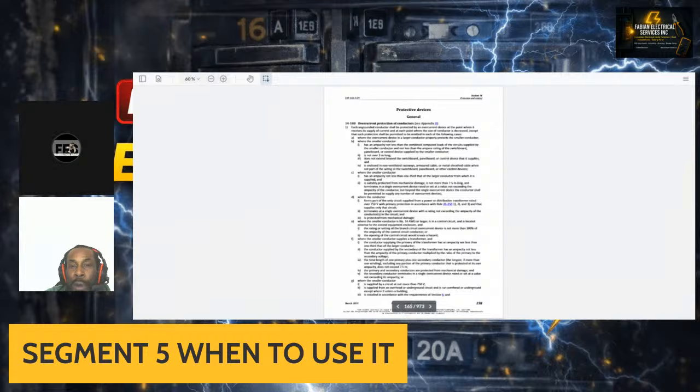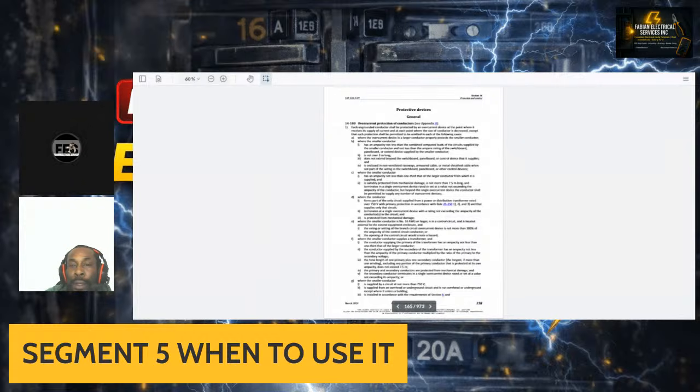does not extend beyond the switchboard, panel board, or control device that it supplies, and is enclosed in non-ventilated raceways, armored cable, or metal sheathed cable when not part of the wiring in the switchboard, panel board, or other control devices. Where the smaller conductor has an ampacity not less than one-third that of the larger conductor from which it is supplied, and is suitably protected from mechanical damage, is not more than 7.5 meters long, and terminates in a single overcurrent device rated or set at a value not exceeding the ampacity of the conductor.